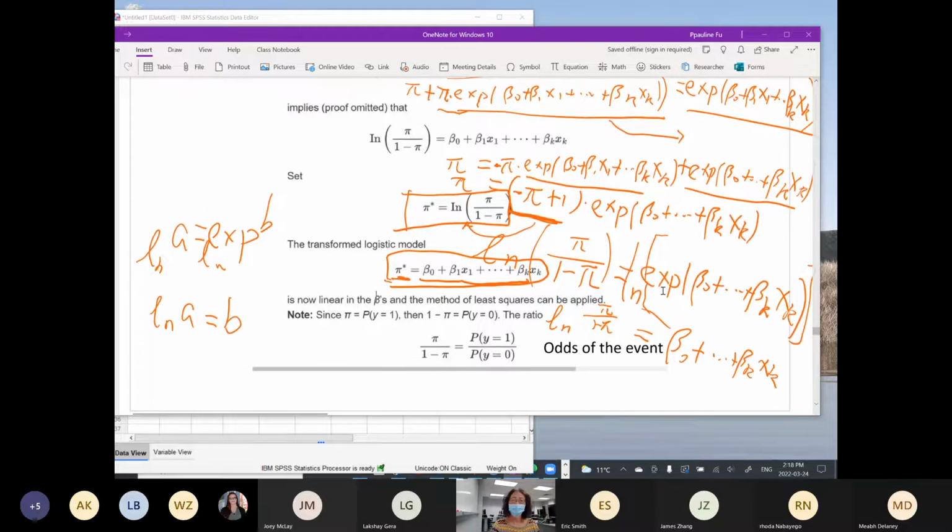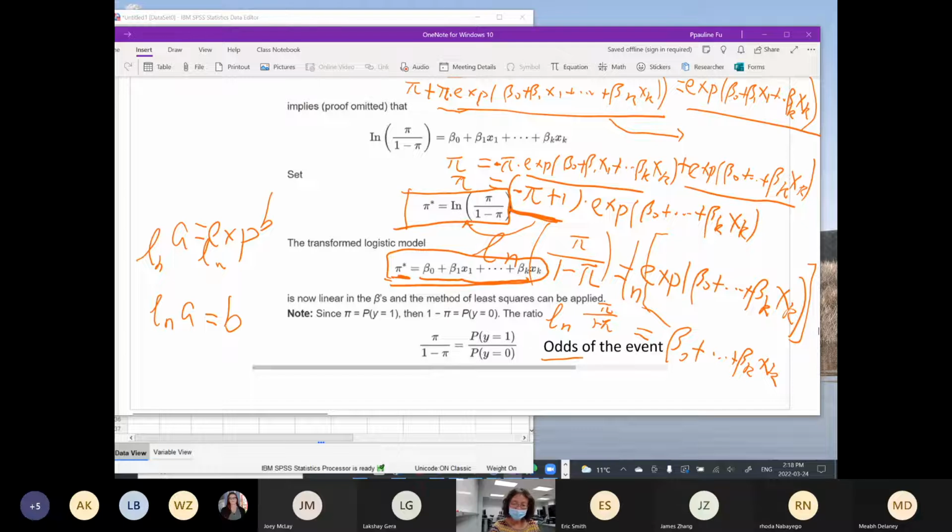And then we have a terminology, odds. The odds of the event is the probability of the event over the probability of its complement, that is, the probability of y equal to 0. So pi over 1 minus pi is the odds of the event.